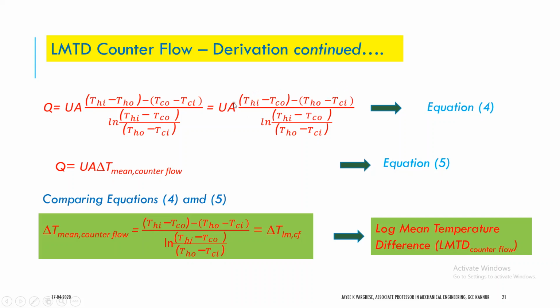Here we can see U into area into THI minus TCO. THI is the temperature of the hot fluid at the first end, the inlet end, and TCO is the temperature of the cold fluid at the first end, because the cold fluid enters at the second end and leaves at the first end. So the temperature difference of hot and cold at the first end is THI minus TCO for a counterflow.